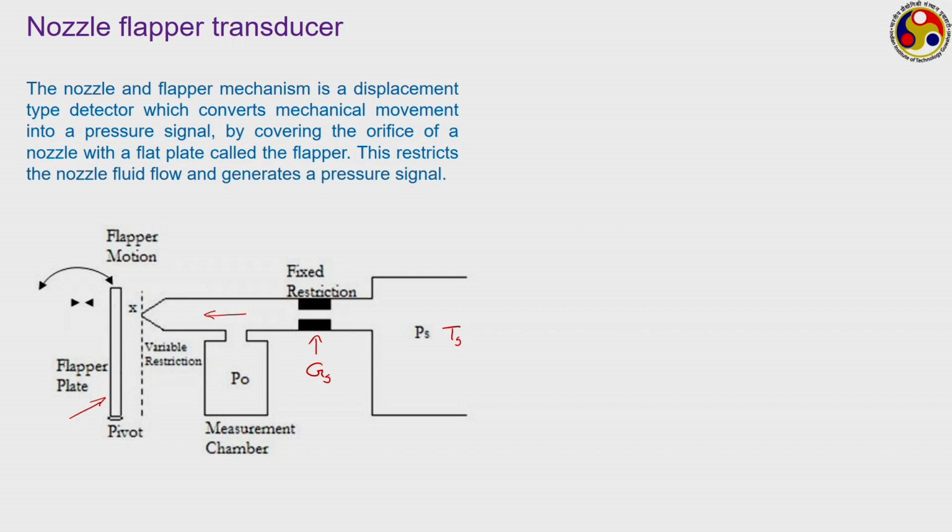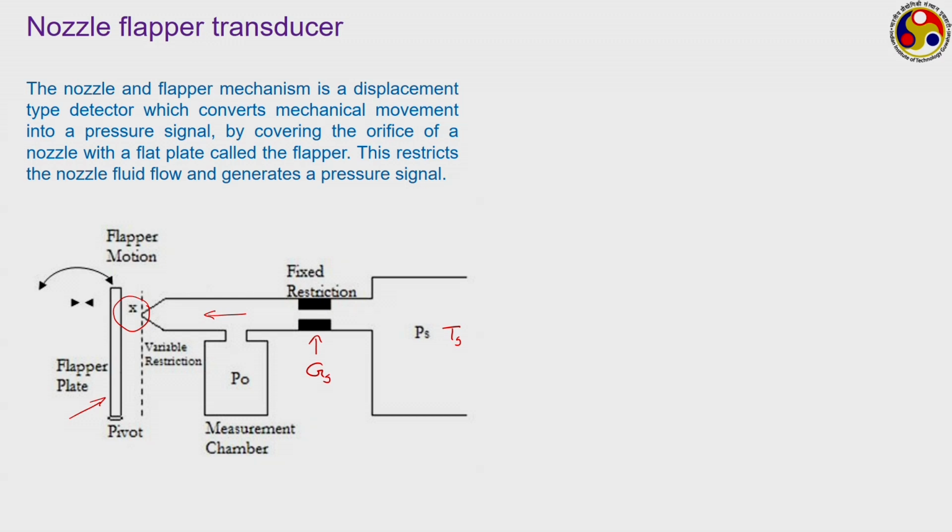Depending upon the displacement in that specimen, the flapper plate keeps on moving, thereby it changes the opening of this particular restriction. That is, the amount of opening that we have available here keeps on changing depending upon the location of the flapper, thereby directly relating this opening with the displacement of your specimen.